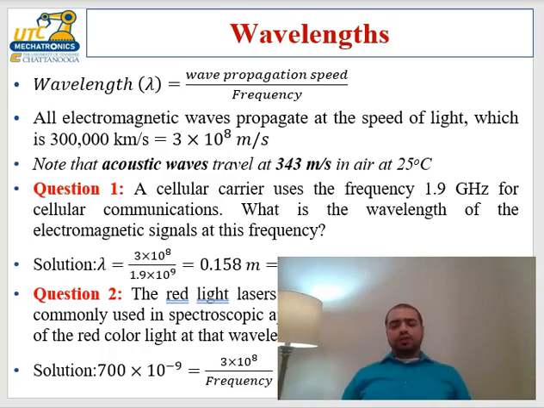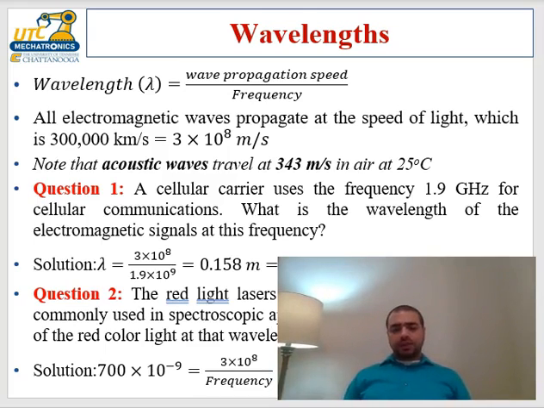Another important thing is that light can travel through vacuum. That's why we receive sunlight every day. On the other hand, pressure waves, that is sound, cannot travel through vacuum. It needs a medium. If there's no air, it cannot travel.